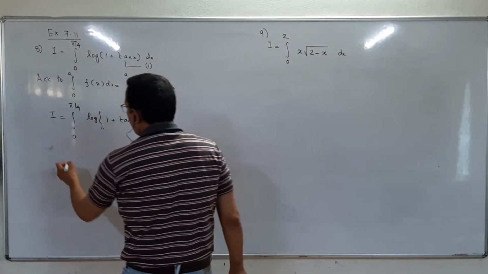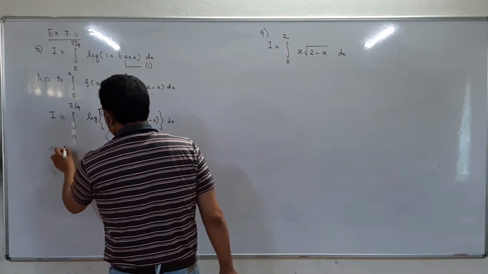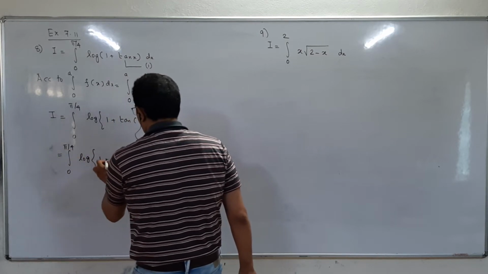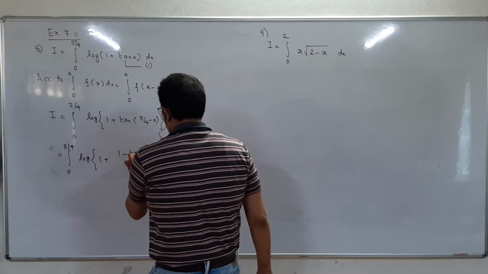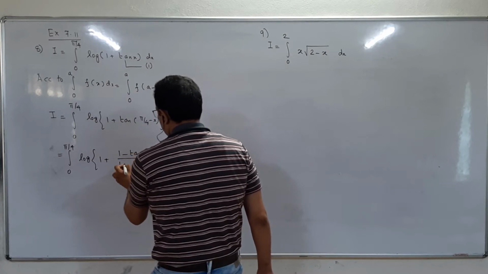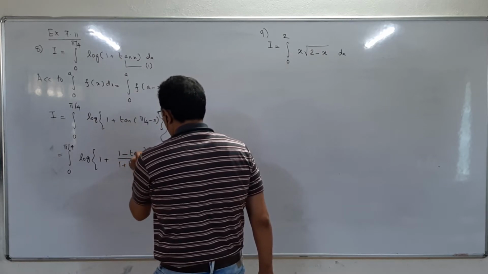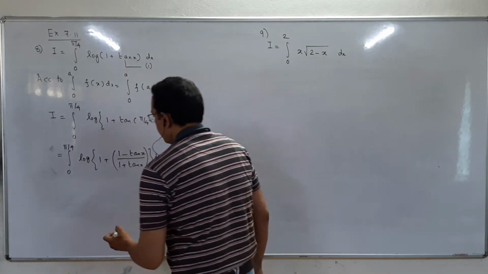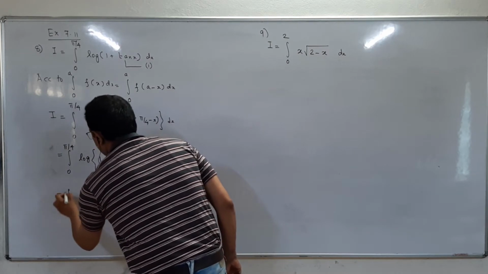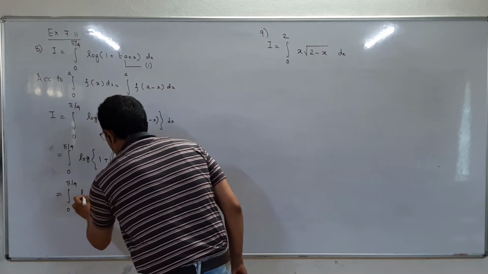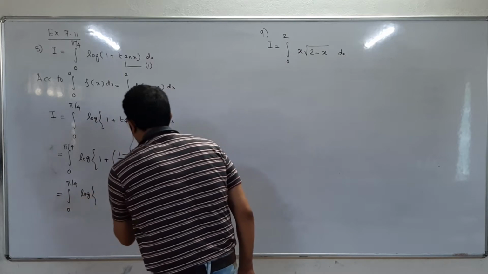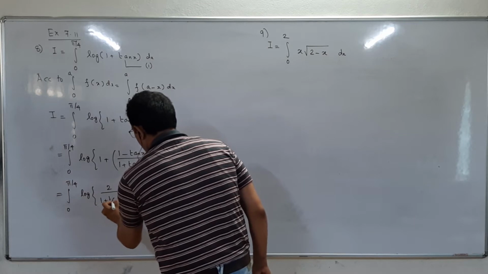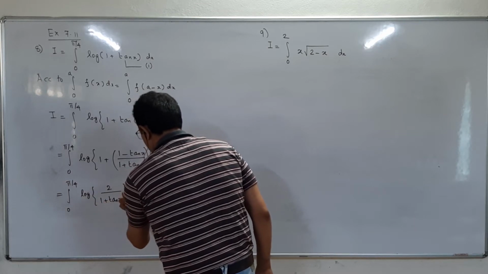So if I simplify, I am going to get this as integration 0 to pi by 4 log of 1 plus (1 minus tan x) upon (1 plus tan x) dx. Taking LCM, we get this as integral 0 to pi by 4 log of (1 plus tan x plus 1 minus tan x) which is 2, upon (1 plus tan x) dx.